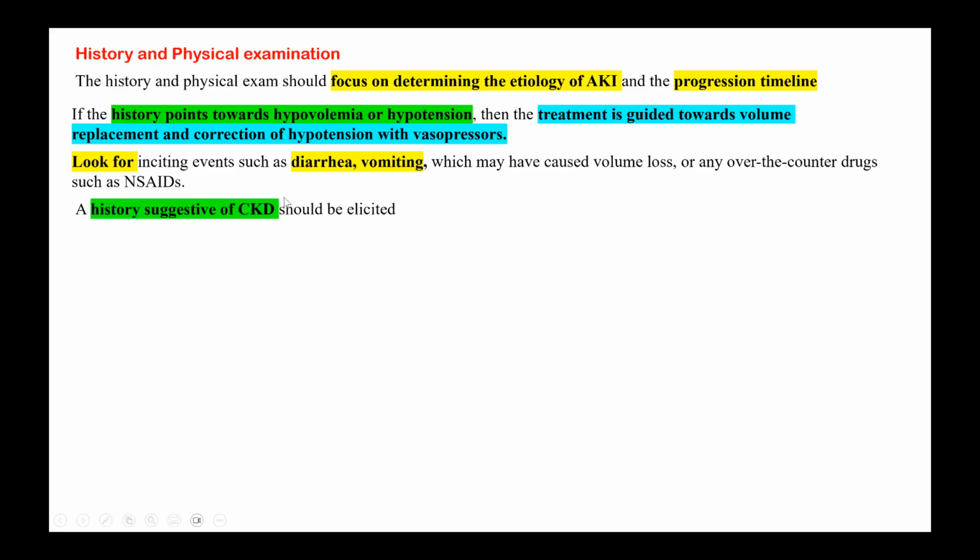This is more important when a patient who is not diagnosed with CKD, whose GFR is between say 30 to 60 ml, is in stage 3, where he comes for an incidental surgery and requires anesthesia. Then this condition becomes more important, because any hypovolemia or hypotension can convert this CKD into an AKI. Acute kidney injury can happen in that.